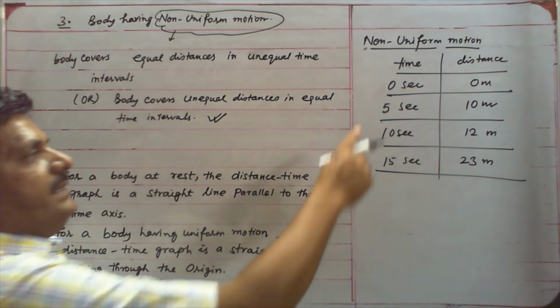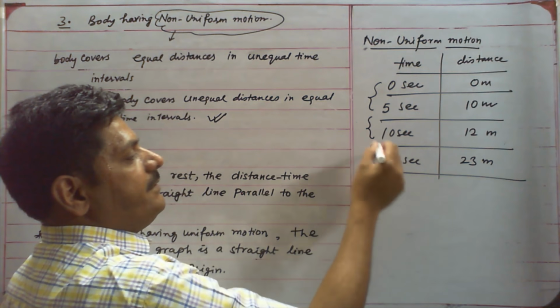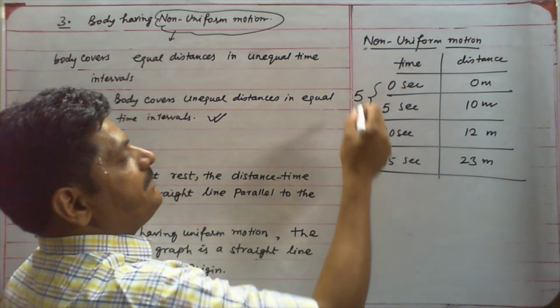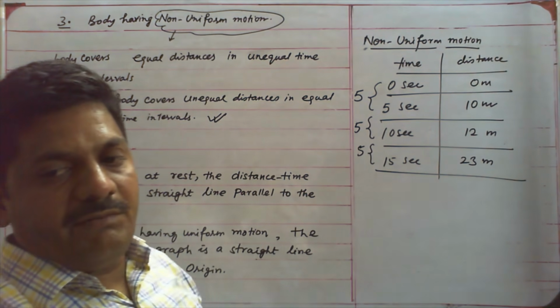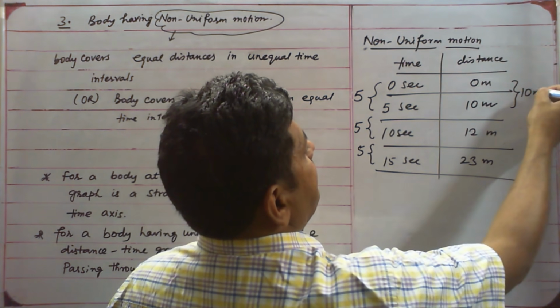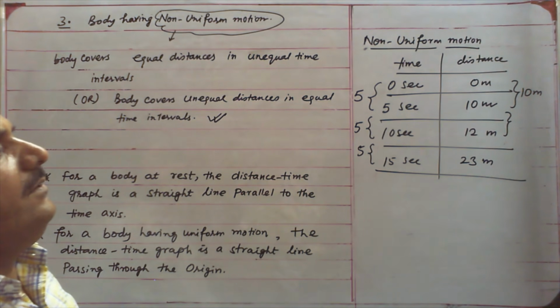So what is happening in this case? The time interval has been kept constant. What is the time interval? The time interval or the time gap is 5 seconds in every case. But if you look at the distance travelled by the body, in the first 5 seconds the distance travelled is 10 meter.